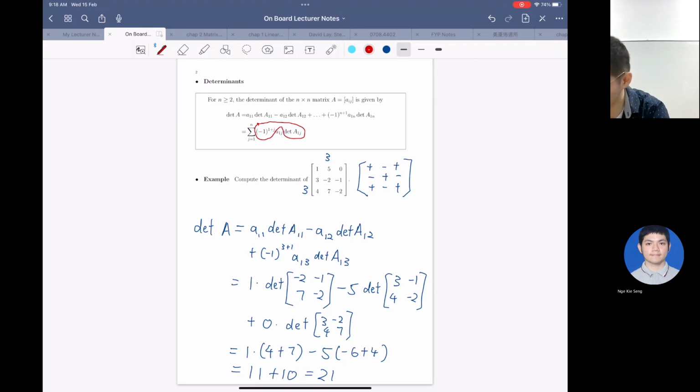We combine the -1 with the determinant part, and then we call it a cofactor. Let's call this a minor: after taking away row i and column j, we call it a minor. We combine the -1 component with the determinant, we call it a cofactor.